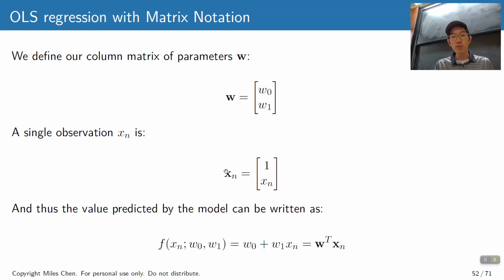Then one observation is this little column, which is basically the value 1 and the x value itself.